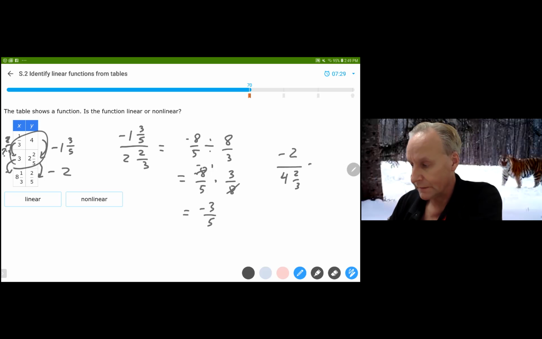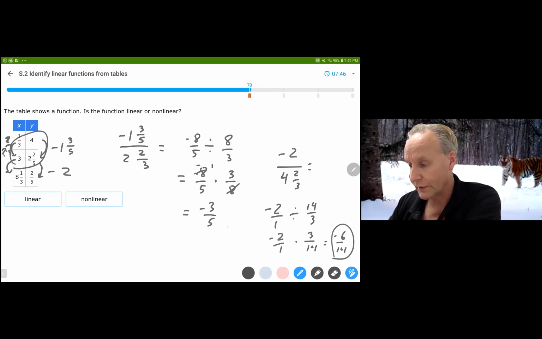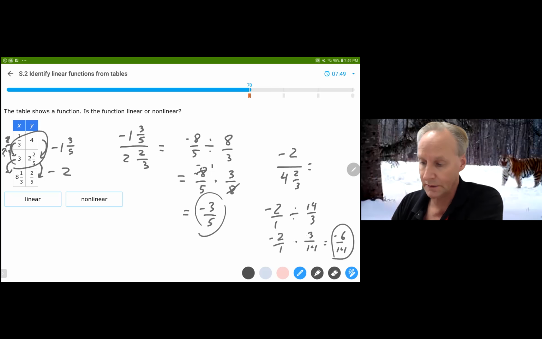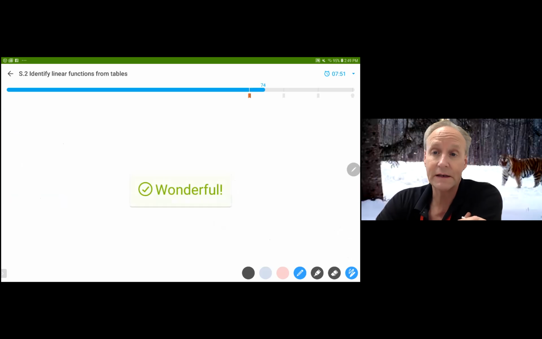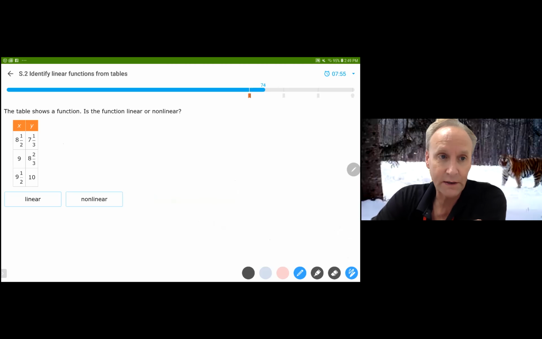That is negative 2 over 1 divided by 14 over 3, which is negative 2 over 1 times 3 over 14, which is negative 6 over 14. This is pretty darn close to that, but they're not equal, so it's nonlinear. Like I said, it sneaks up on you like a tiger, and then when it catches you, you're really sorry.